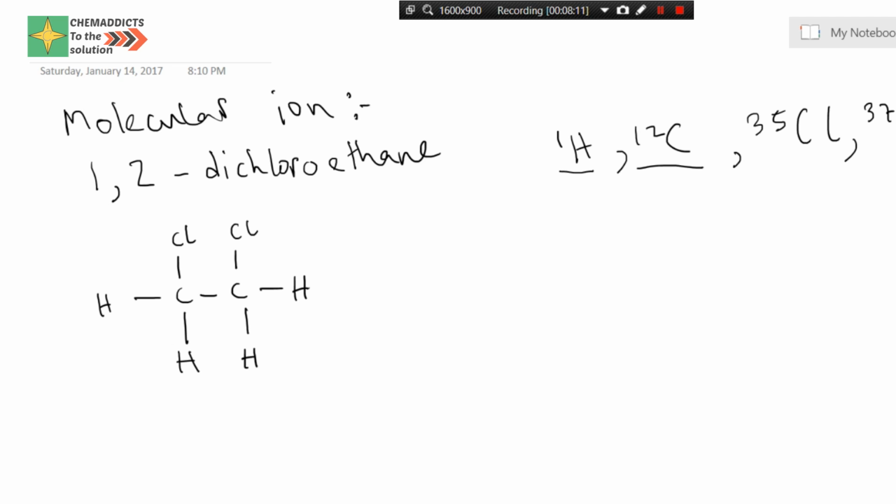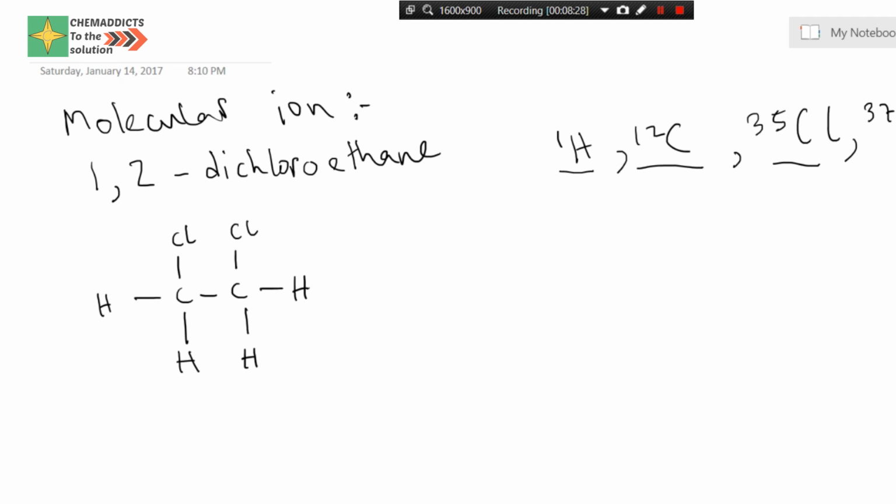Okay, so here, as you can see, the only difference is that only chlorine makes the difference. Since we have two possible isotopes present over here, we're going to get different molecular ions.